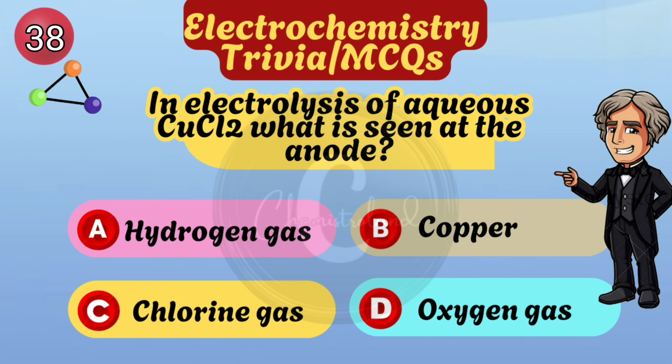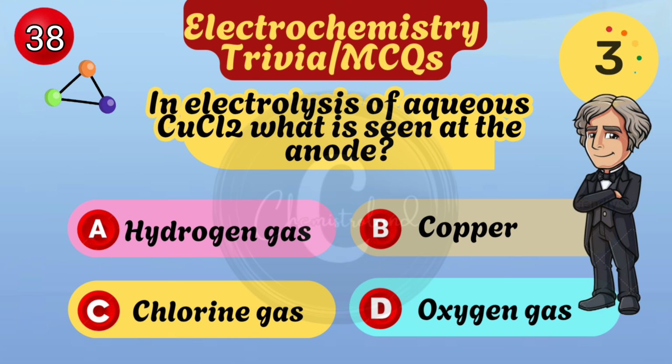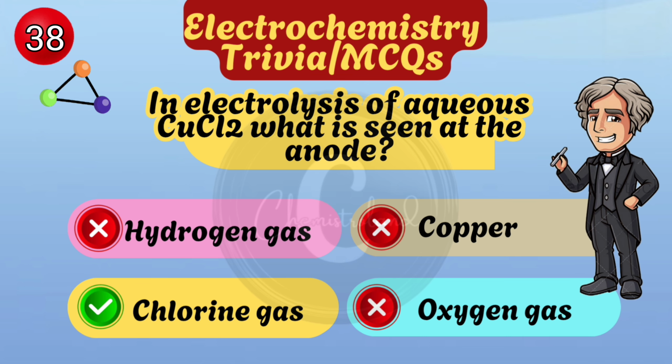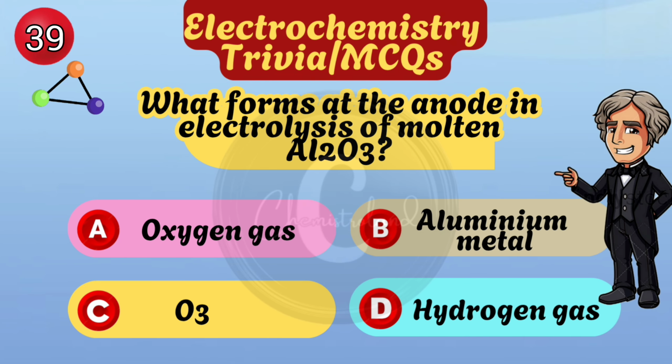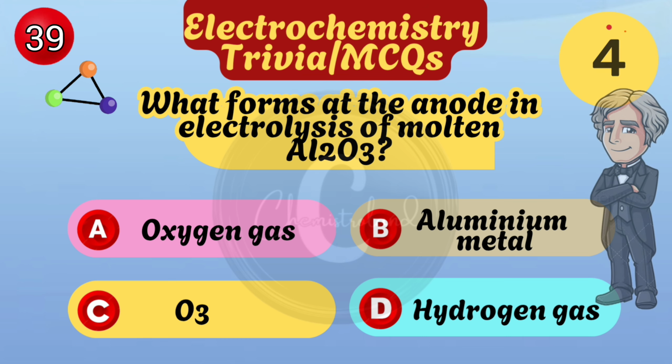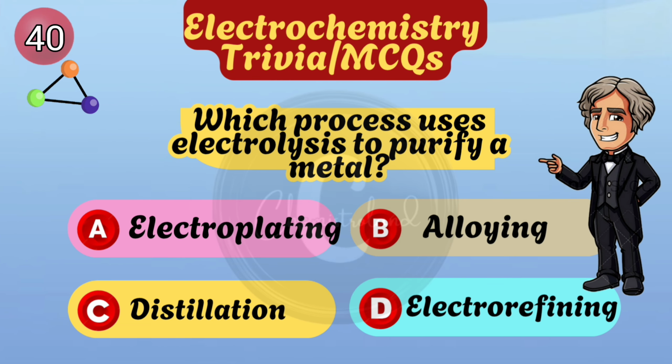In electrolysis of aqueous copper chloride, what is seen at the anode? Chlorine gas. What forms at the anode in electrolysis of molten aluminum oxide? Oxygen gas. Which process uses electrolysis to purify a metal?